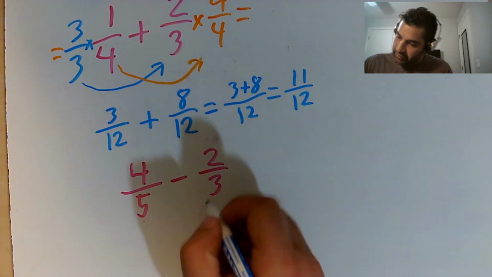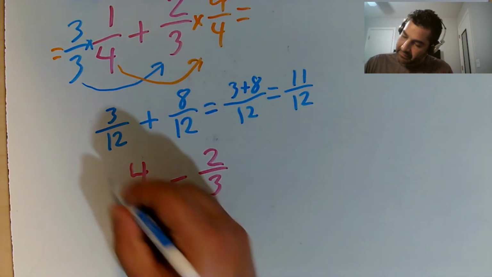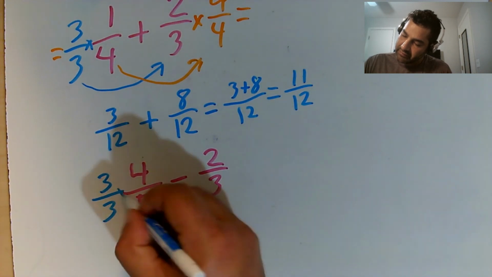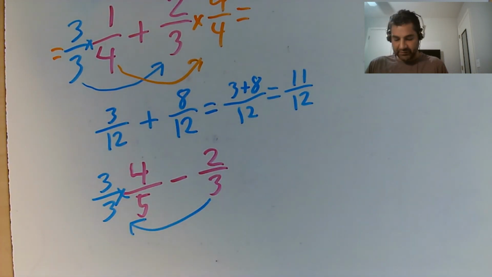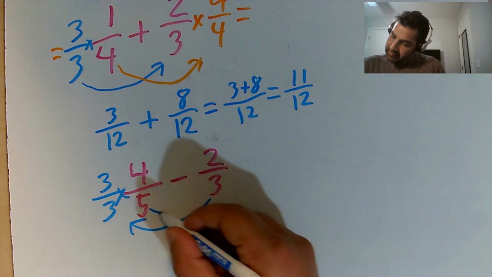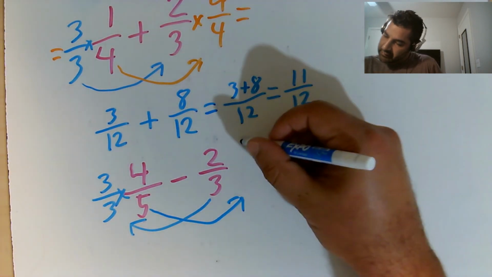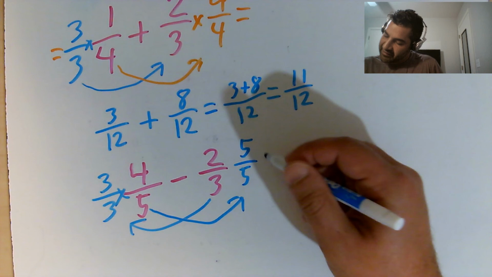We're going to pick 3. We'll do 3 over 3. So 3 over 3 times 4/5. And then, you guessed it, 5 over 5.